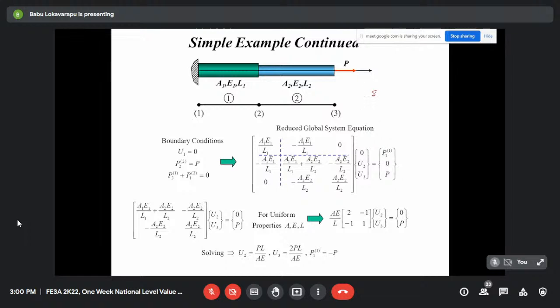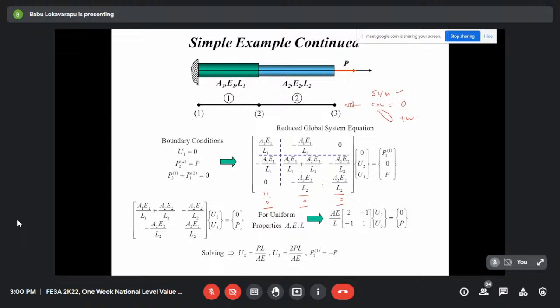The first one, symmetric, is satisfied. Then add all the columns. Column wise, net is 0. If I add all these things, net equal to 0. That is the second check. Third one is that diagonal elements should be positive.